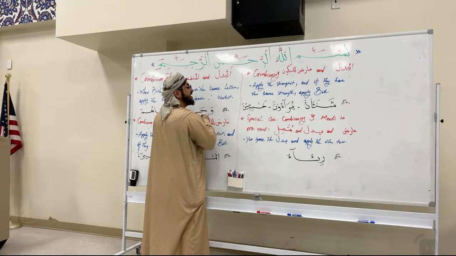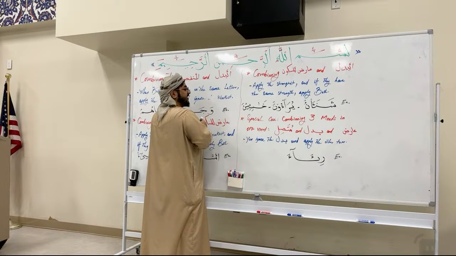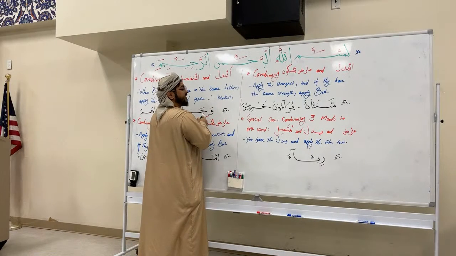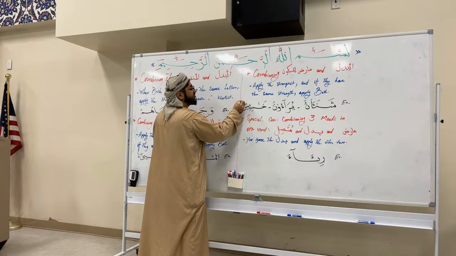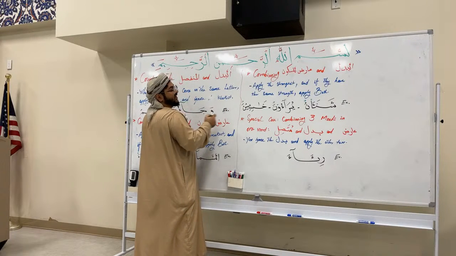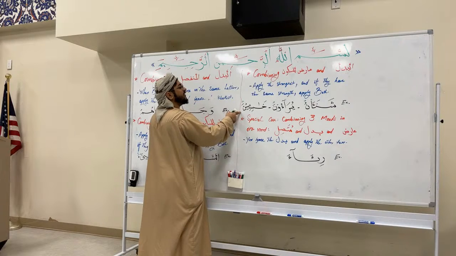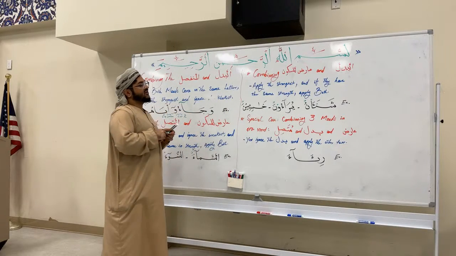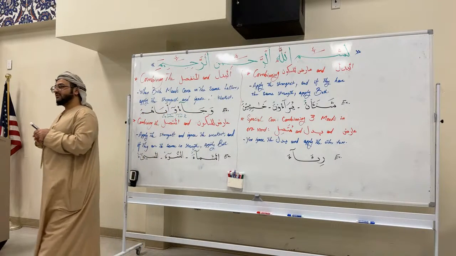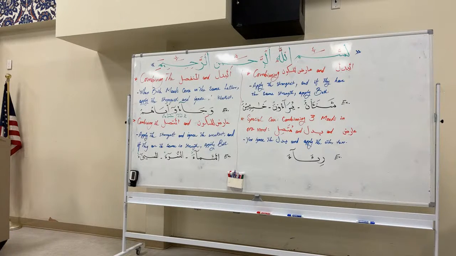خاسئين. خاسئين. It's the original fatha, the original haraka. خاسئين. But you stop, it will turn to sukoon. خاسئين. عارض السكون. Can you write down the original word? Write down the original word.